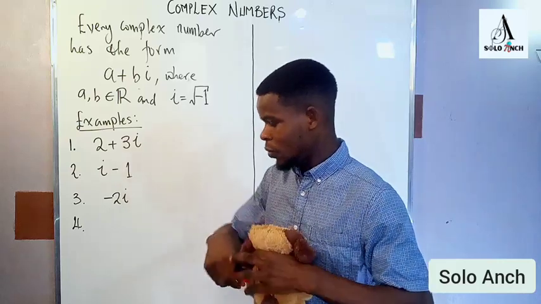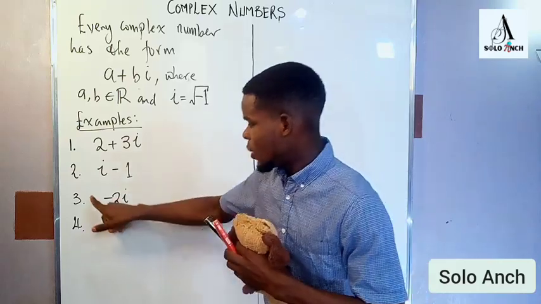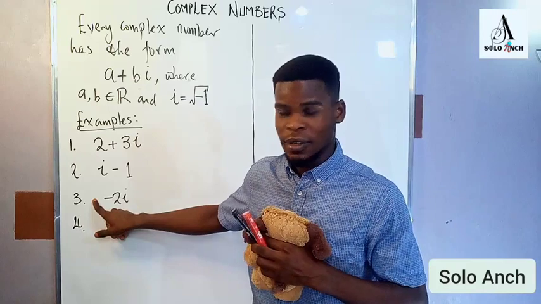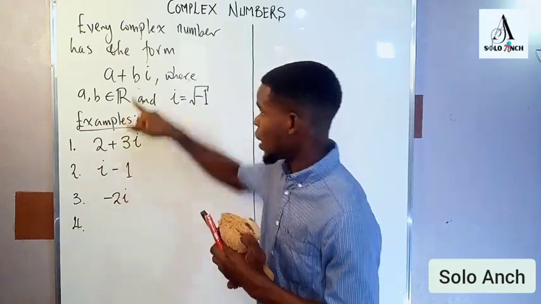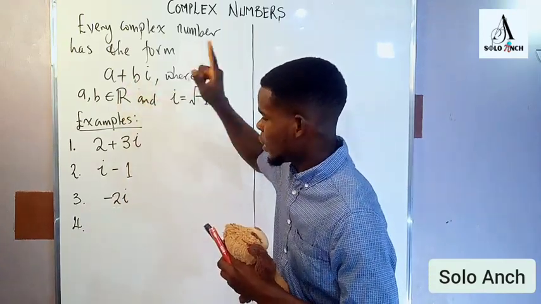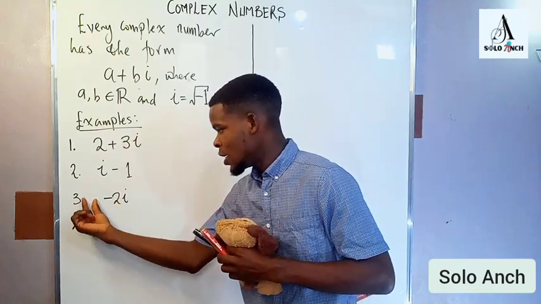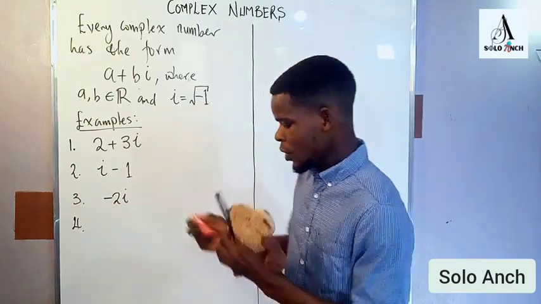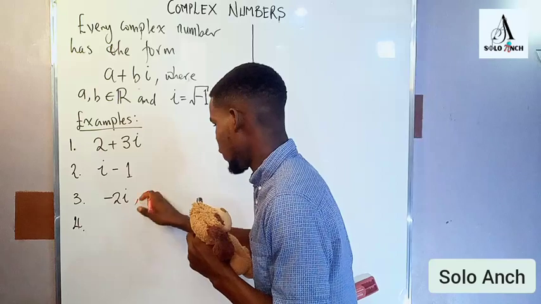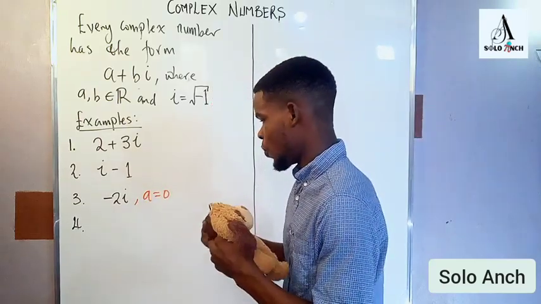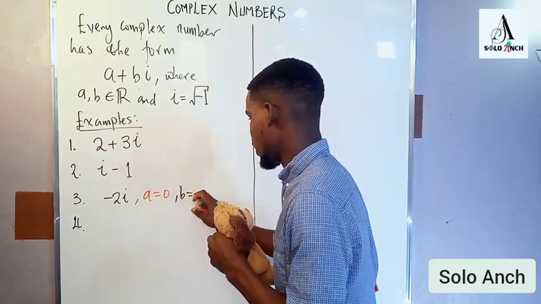Then the third example, you notice that for the first part here, there is nothing, all right? Meanwhile, for this middle part, we have -2i. So that means the a here is 0. We must spell it out for you. So we have a is 0, and then of course b is -2.